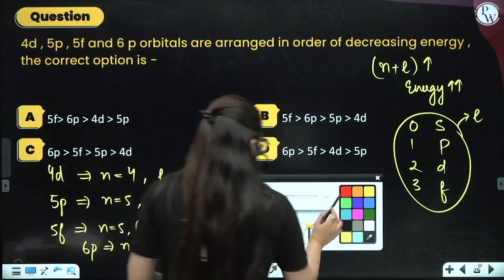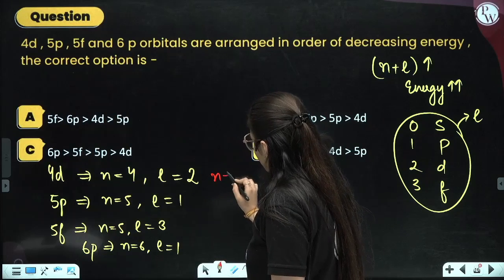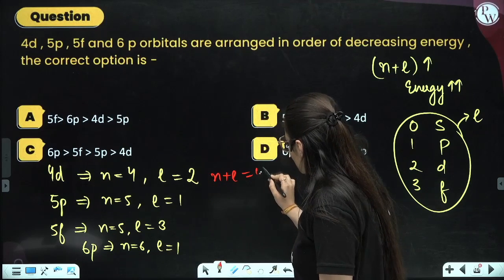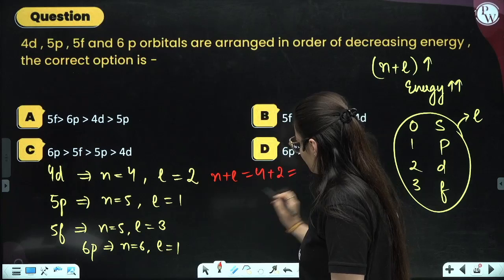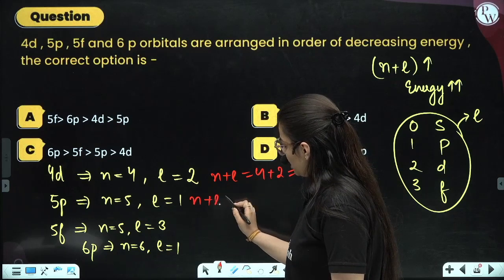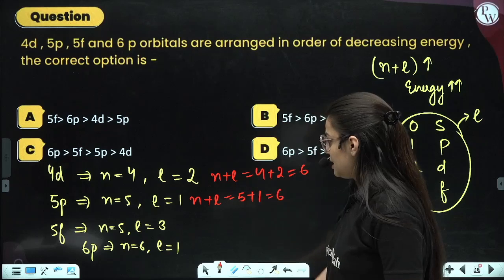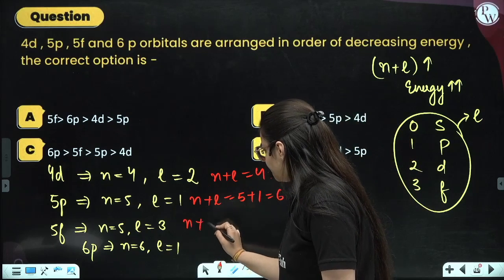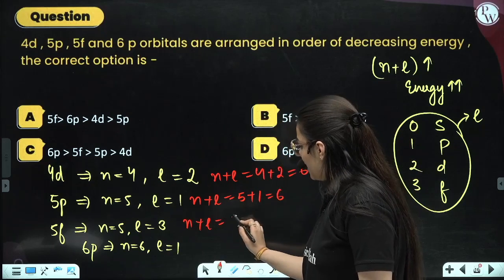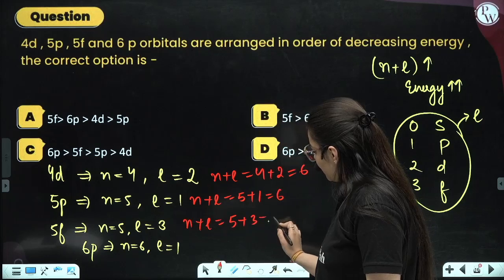Now see n plus l over here. n is 4, l is 2, it is 6. n is 5, l is 1, again it is 6. n is 5, l is 3, that is 8.